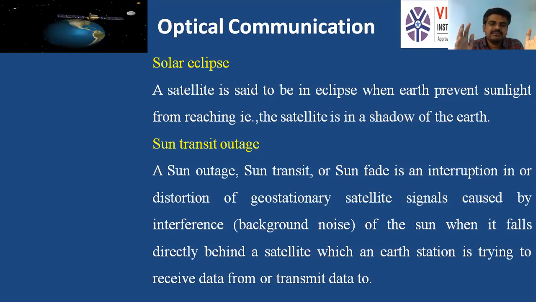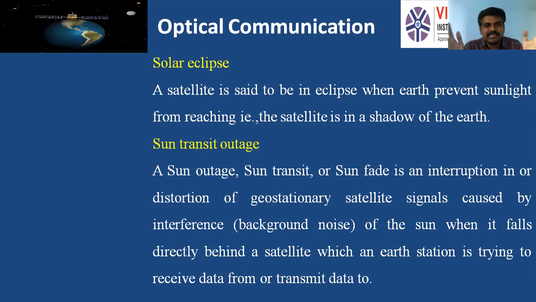So in that time, the satellite should take help from the batteries present on the satellite, and transmit the signals from the satellite to the earth station. So this solar eclipse is also one of the factors which influences the communication system performance of the satellite.